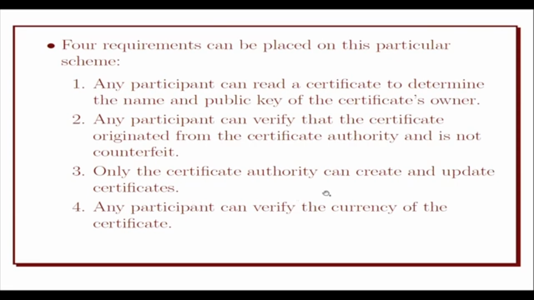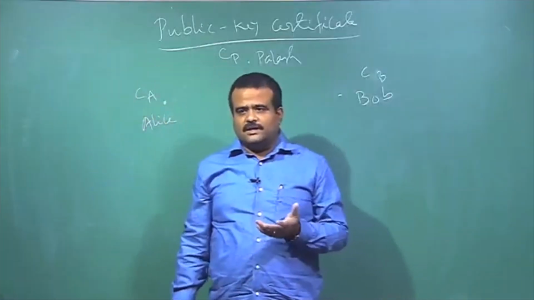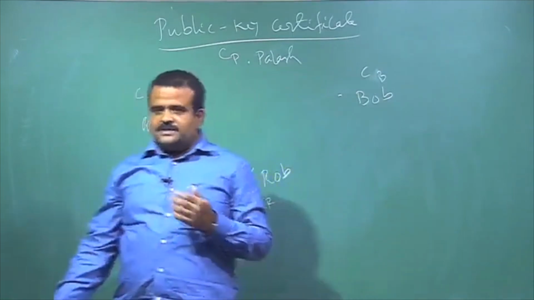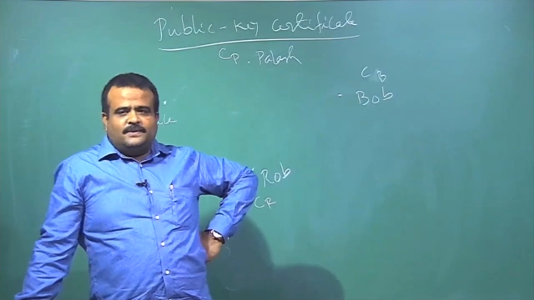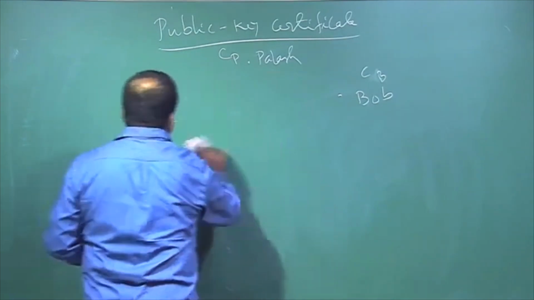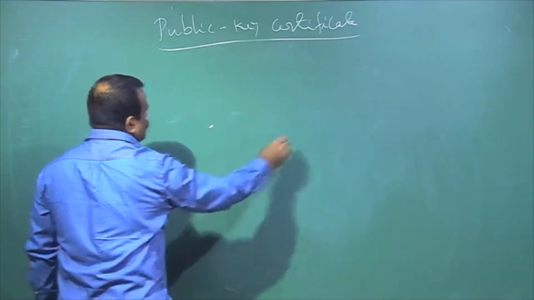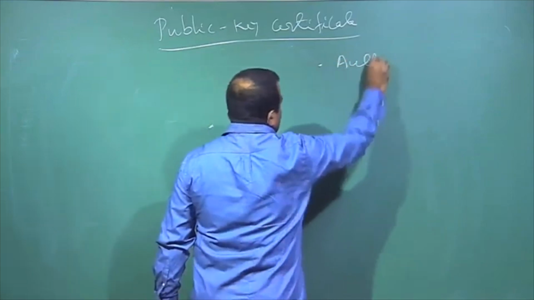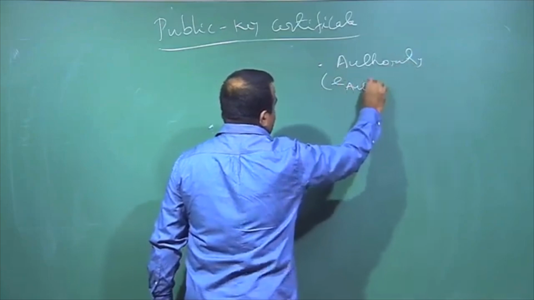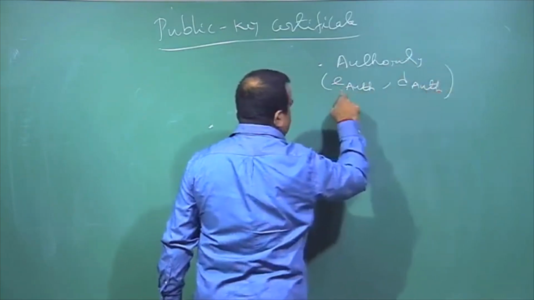So suppose currently I have a certificate. Now I want to change my public key because I am guessing that my corresponding secret key has been revealed. So what do I do? This is the trusted party or the authority, which has a public key and a private key.